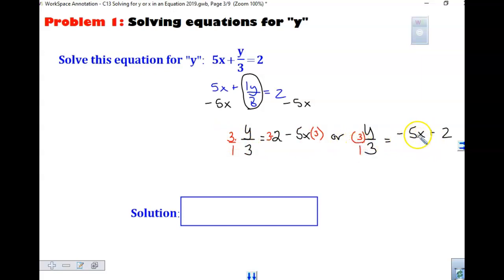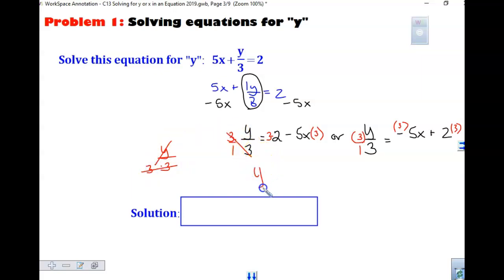But over here we don't have fractions, so I can just say negative 5x times 3 and 2 times 3. When I look at this equation, 3 over 3 cancels, whereas if you write it and put times 3 there, that doesn't work. Those don't cancel. That would have been 9. So just be careful how you write this.